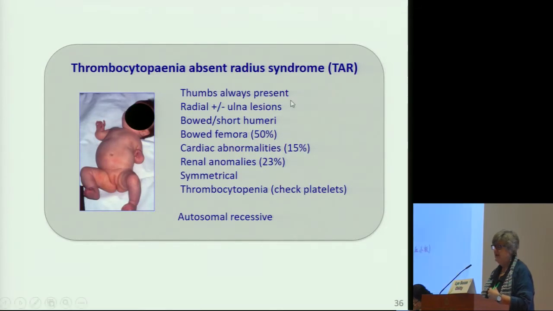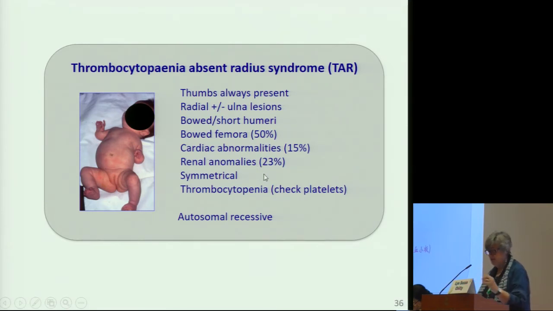So thrombocytopenia absent radius, again, is a diagnosis you can make on ultrasound, because these babies have radial anomalies or forearm anomalies, but they always have their thumbs present. You can see the thumbs on this baby here. You can have radial and ulnar lesions, short bowed humeri, bowing of the femora, cardiac abnormalities, renal abnormalities.